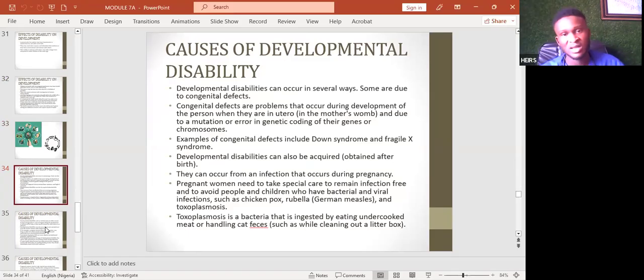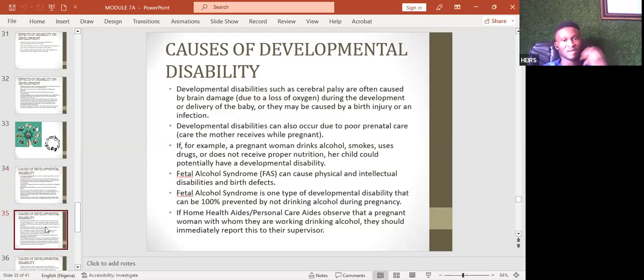We talked about pregnant women being careful with alcohol, drugs, and cigarettes, because smoking can affect the child and impede the child's growth and development. Examples are German measles and chickenpox. There are also diseases and viral effects, as well as toxoplasmosis, that can affect the child's growth and development.